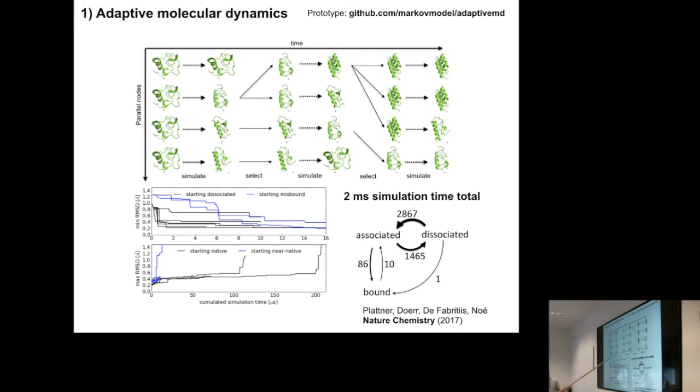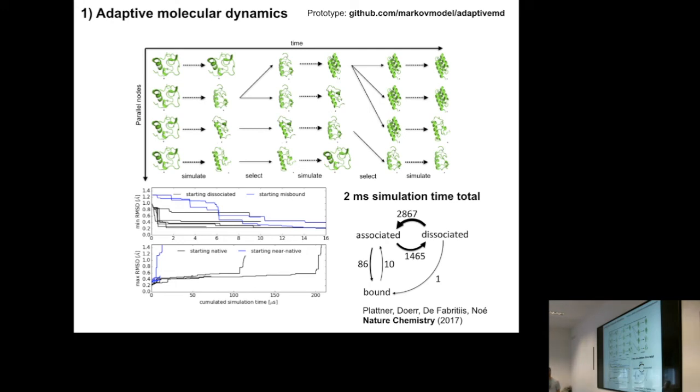We ran many of these simulations, and basically, we simulated each of them for a couple of 100 nanoseconds. And then, based on all the simulation data we had, we selected candidates, so conformations that we thought are promising.